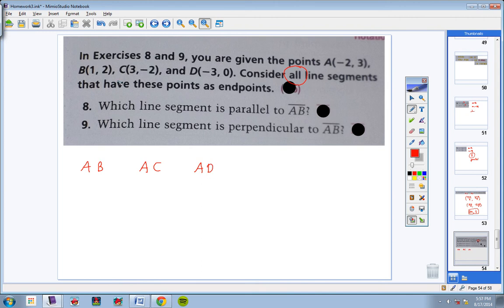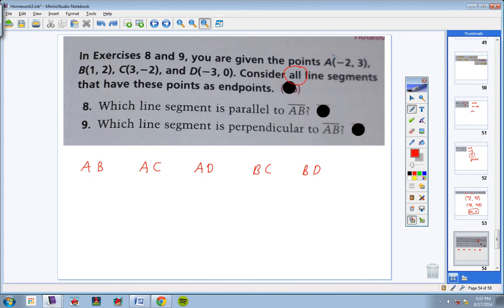Then go to point B. I have to consider segment BC and segment BD. Well, Mr. Hart, what about BA? We already said BA right here. We set it as AB. Segment AB is the same segment as segment BA.